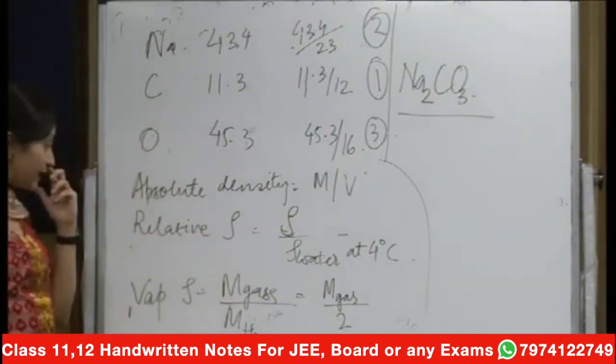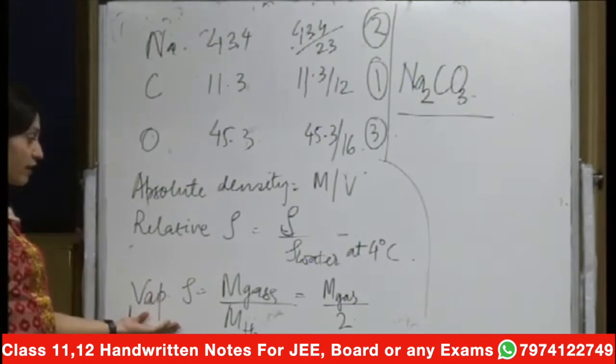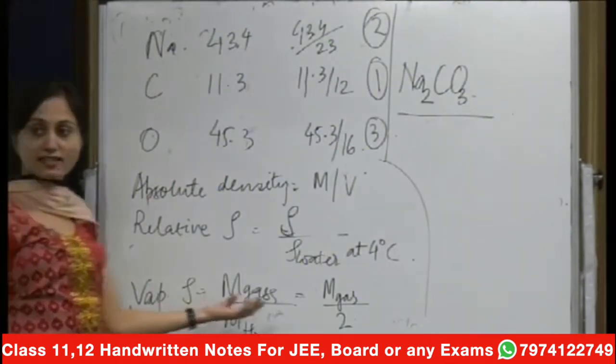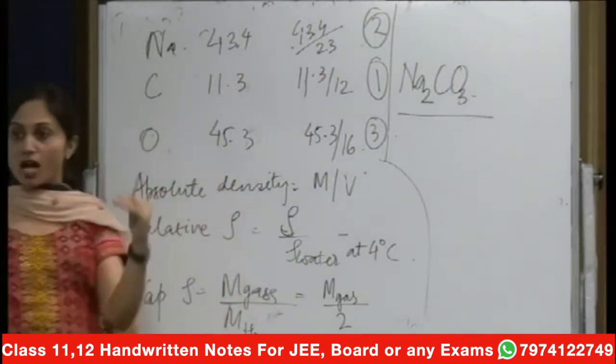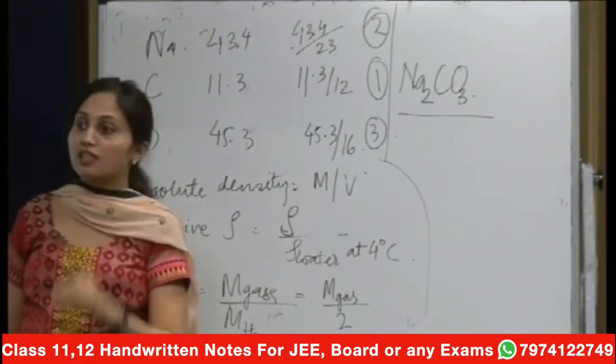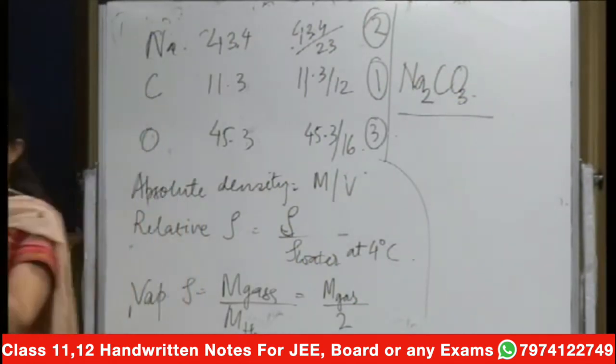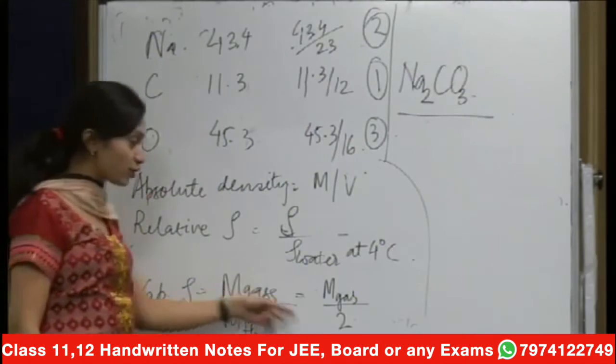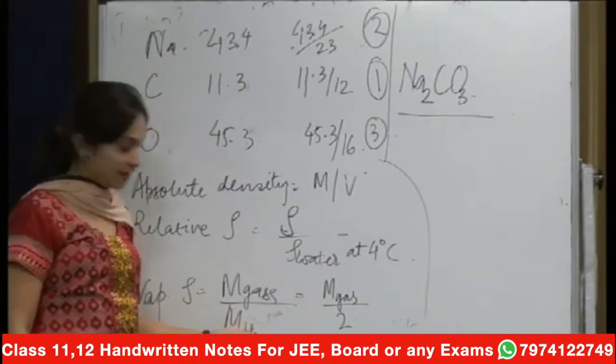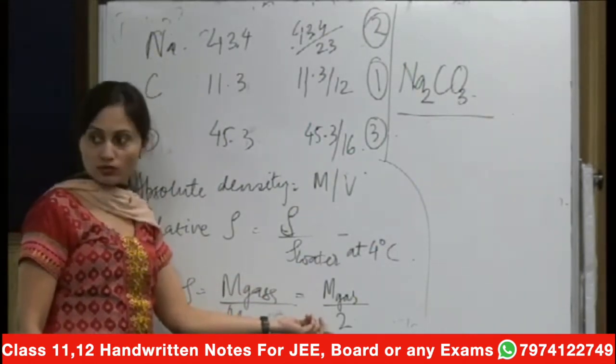Alright, then you have the vapor density. And what is your vapor density? Vapor density is nothing but the ratio of the mass of the gas to the mass of hydrogen gas. It is compared with hydrogen gas, and you know the molar mass of hydrogen gas is equal to 2.